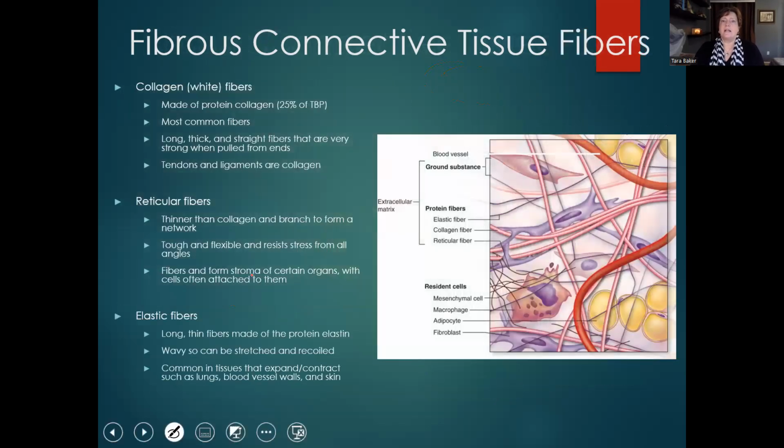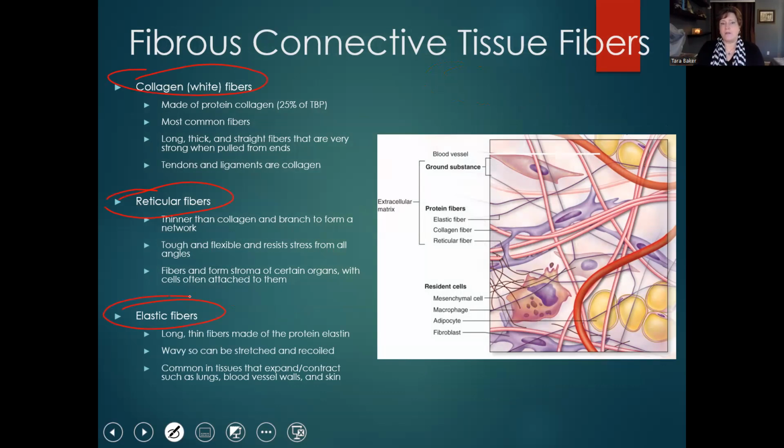All right, I said tissue fibers. So fibrous connective tissue makes fibers. There are three different types of fibers: collagen fibers, reticular fibers, and elastic fibers. Some fibrous connective tissue has just collagen, some has just reticular fibers, some has just elastic, and then some has all of them together.